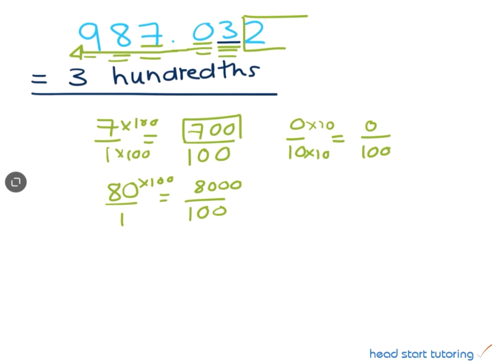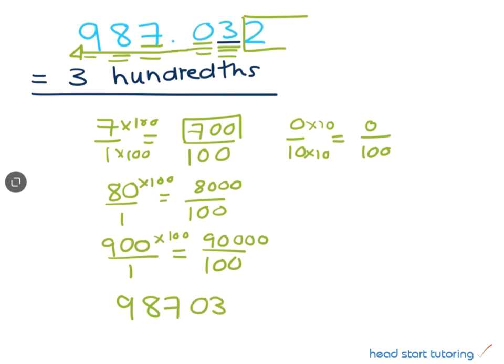But there are even more, because if we have a look at our 900 units and we get that into an equivalent fraction out of 100, we multiply our 900 by 100 and we end up with 90,000 hundredths. So we've got 90,000 plus 8,000 plus 700, plus our 3. We end up with 98,703 hundredths.